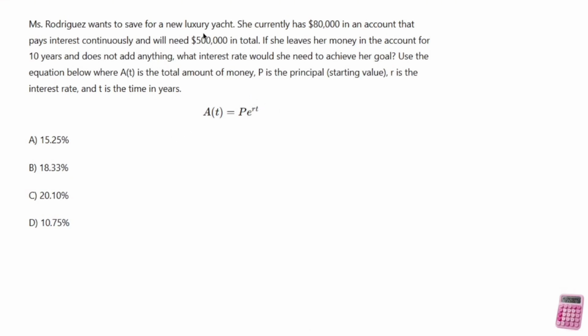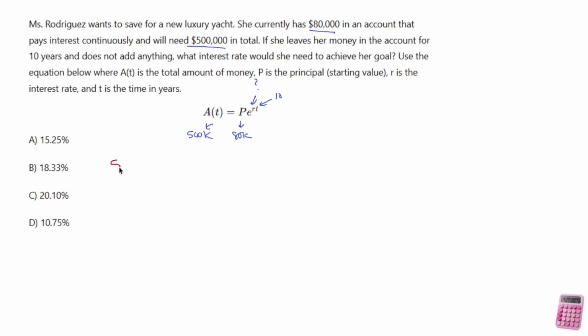All right, what do we know? This is what we start out with, so that's going to be my P: 80 grand. A is what we're saving up for, so $500,000. t is 10 years. r is what we don't know. And e is the number e, technically.